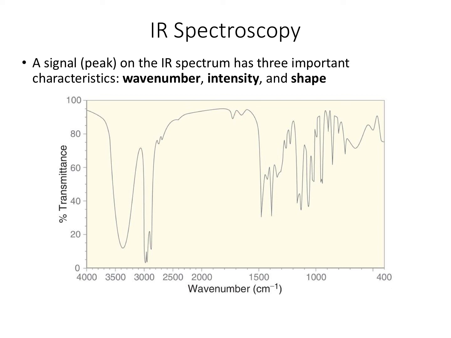And then we're also interested in the shape of the peak. You can see this peak is very broad, where something like this peak is very narrow. And so the wave number, where it is on the x-axis, how deep the peak is, the intensity, and then the shape of the peaks are all important when we're interpreting an IR spectrum. And the next video takes a look at each of these characteristics in a little bit more detail.